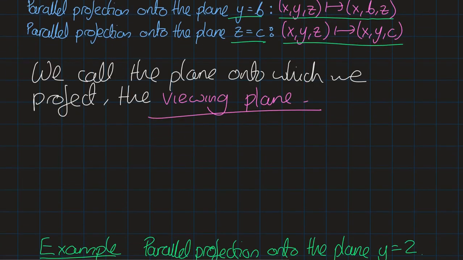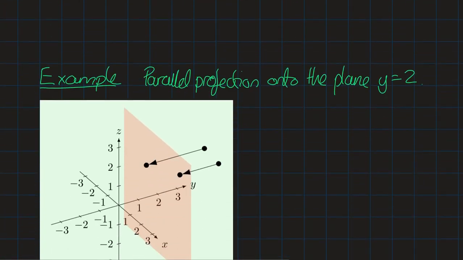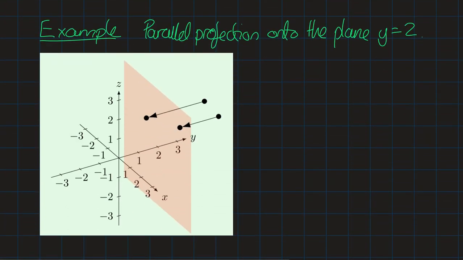So let's look at the geometric interpretation of parallel projection in 3 dimensions. So here's an example. It's 3 dimensions. The viewing plane in this case is y equals 2. Okay, and there are 2 points, and I parallel project them onto the plane y equals 2. All that means is I draw this line, this arrow, which is going to intersect the viewing plane perpendicularly.